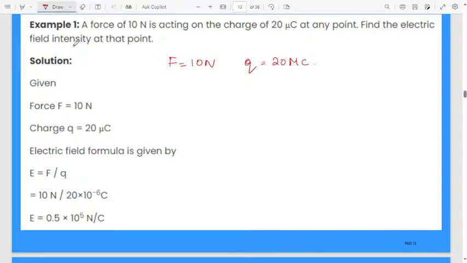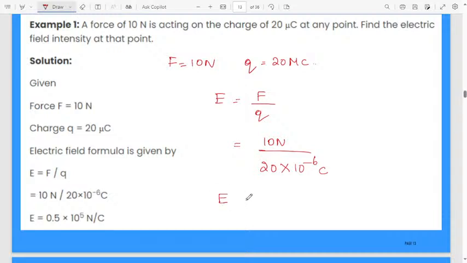Find the electric field intensity at that point. What is the formula? Electric field intensity E will be F divided by Q. Remember the formula. Force is given, 10 newton. Then charge Q, 20 into 10 to the power of minus 6 coulomb.